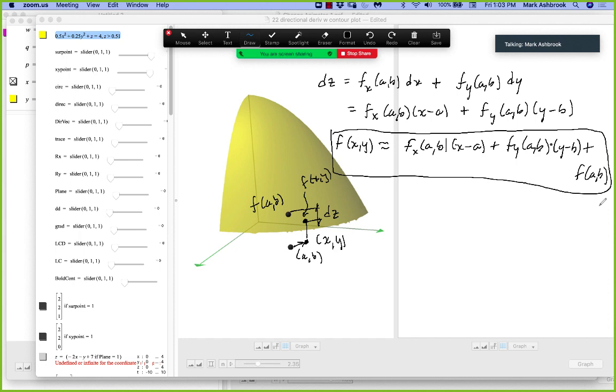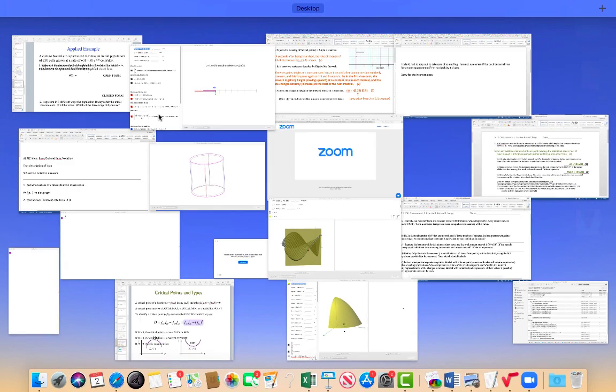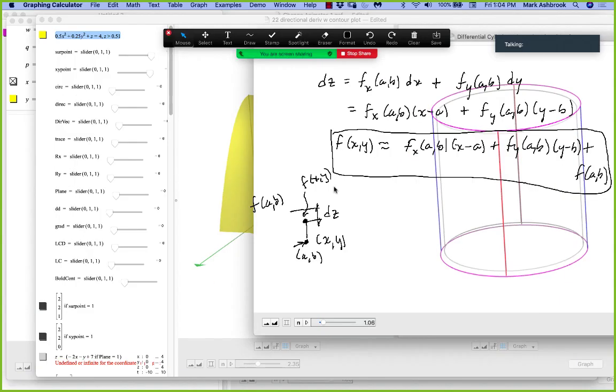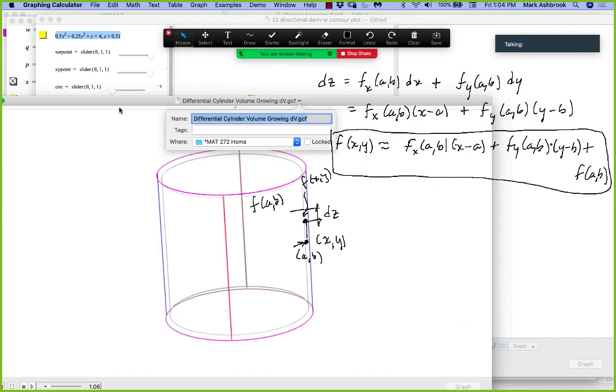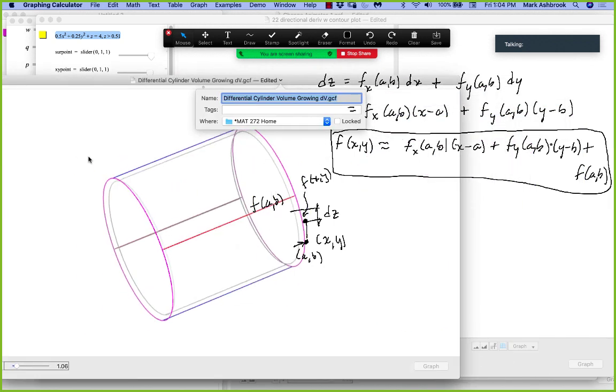While we're talking about differentials, there's a question in the homework that has to do with a cylinder.